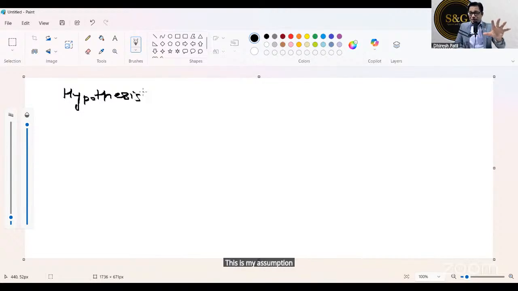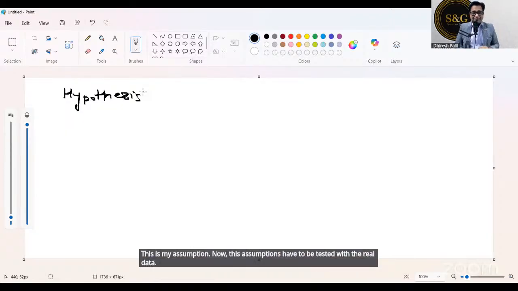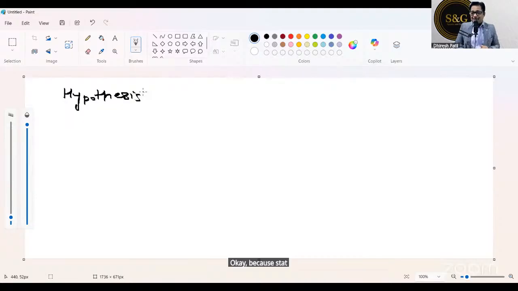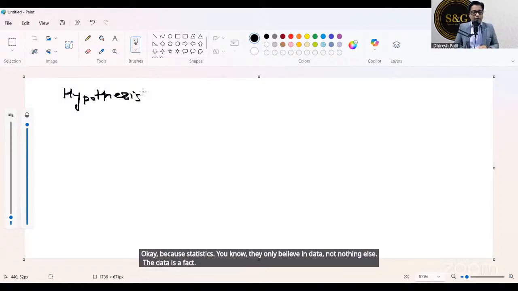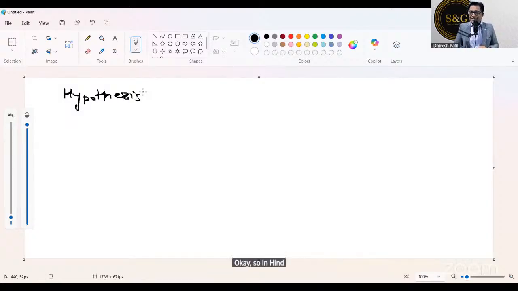This is my assumption. Now, these assumptions have to be tested with the real data, because statistics only believes in data, nothing else. The data is the fact. In Hindi we generally say, beta jhoot bol sakta hai lekin data nahi.